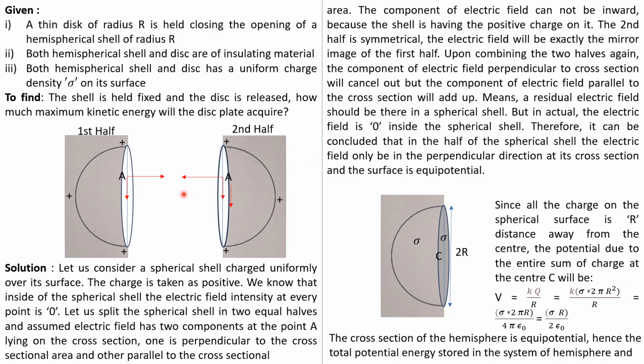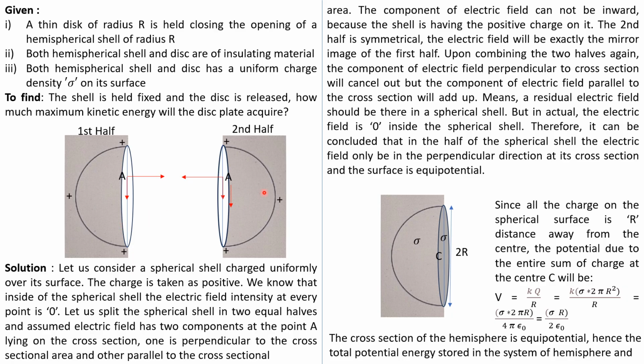So when we combine these two together and superimpose these electric field vectors, we can see that the components perpendicular to the surface cancel each other, but the components which are parallel to the cross section's surface add up. It means when we combine these two to make a complete spherical shell, there will be a residual electric field inside in the parallel direction.